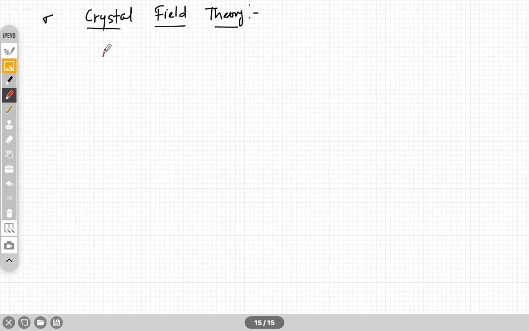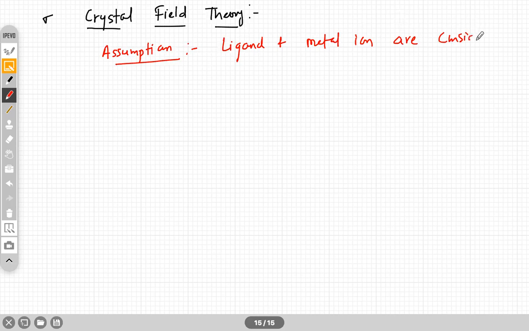The assumption is that the ligand and the metal ion are considered as point charges.